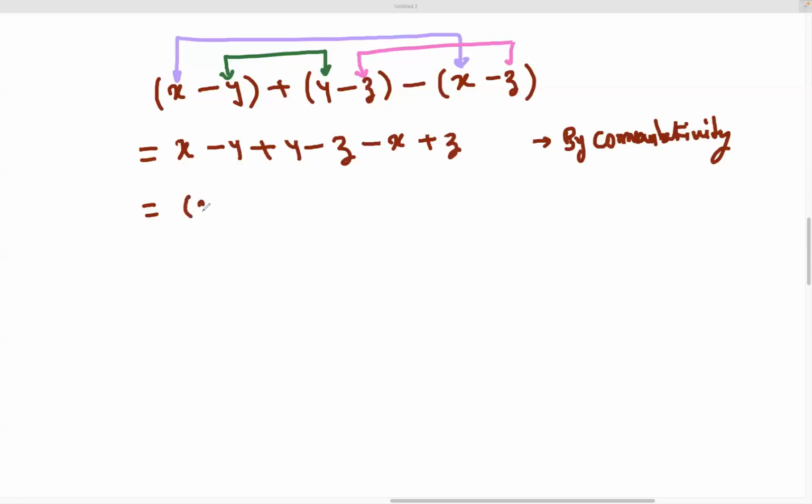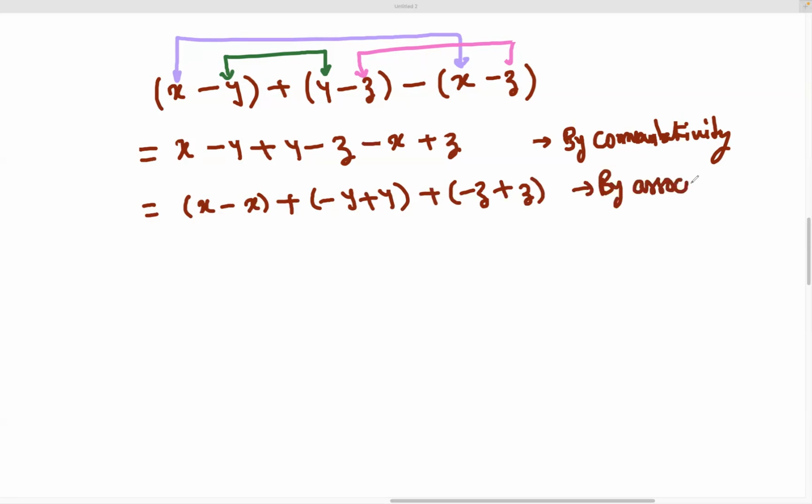So we can bring the x's together, plus we can bring the y's together, and then we can bring the z's together. And this can be done by associativity. And as you can see, if we calculate these values, x minus x is equal to 0.